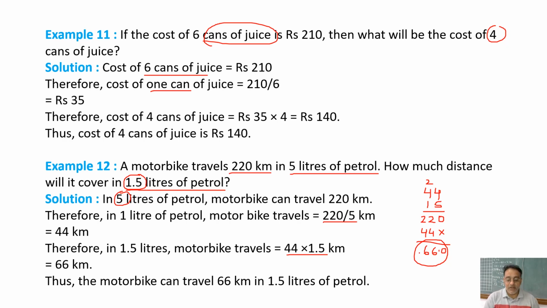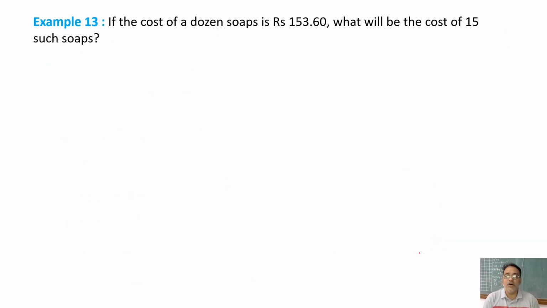Okay, so now we are moving toward example number 30. If the cost of a dozen soaps is rupees 153.60, what will be the cost of 15 such soaps? So 1 dozen means how many soaps? 12. Very good.